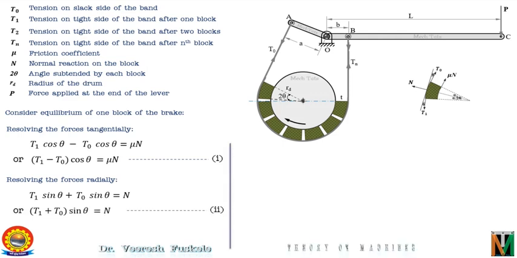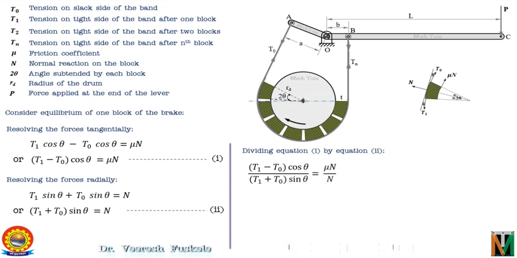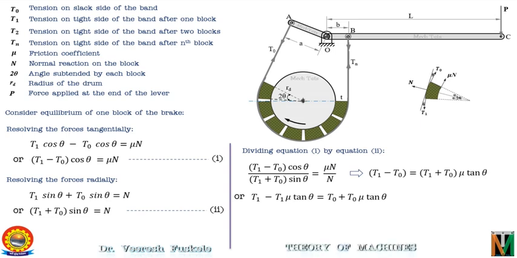Now dividing equation number 1 by 2, we will have (T1 minus T0) cos theta divided by (T1 plus T0) sin theta is equal to mu N upon N. This will give us T1 minus T0 is equal to (T1 plus T0) mu tan theta, or this can be written as T1 minus T1 mu tan theta is equal to T0 plus T0 mu tan theta, taking the terms of T1 on one side and T0 on the other side.